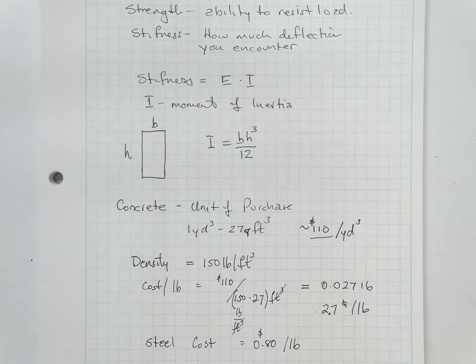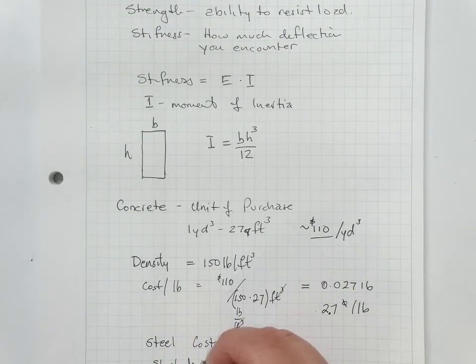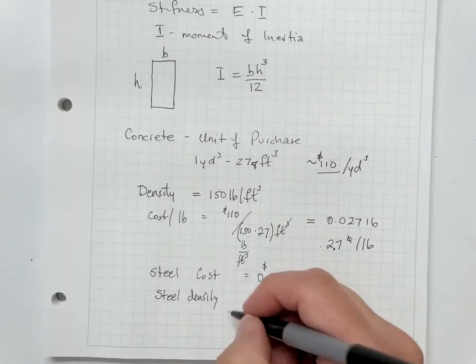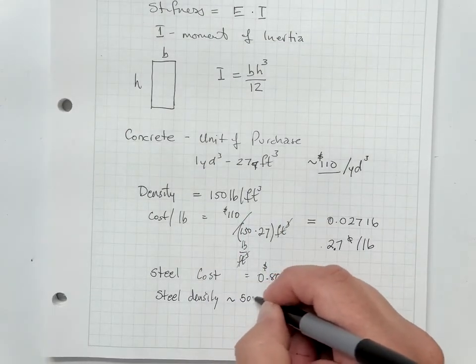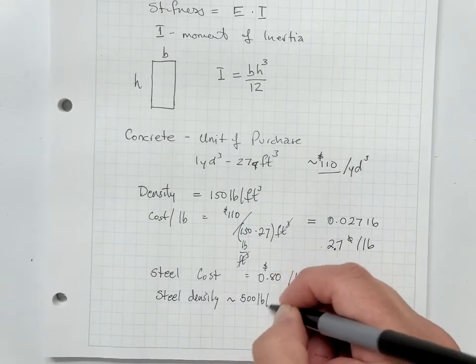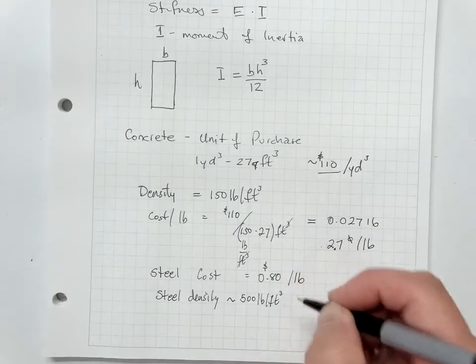Steel is expensive. A cubic yard of steel, we need to get the steel density. Steel density is approximately 500 pounds per cubic foot, round numbers.